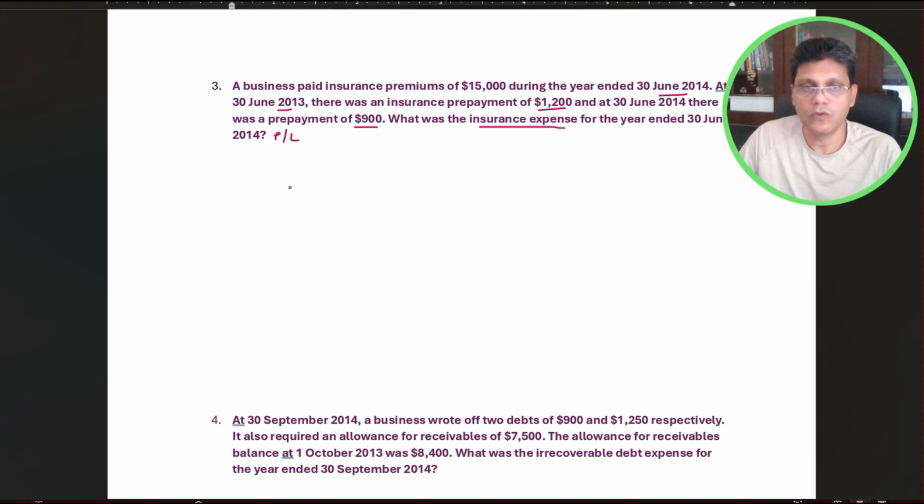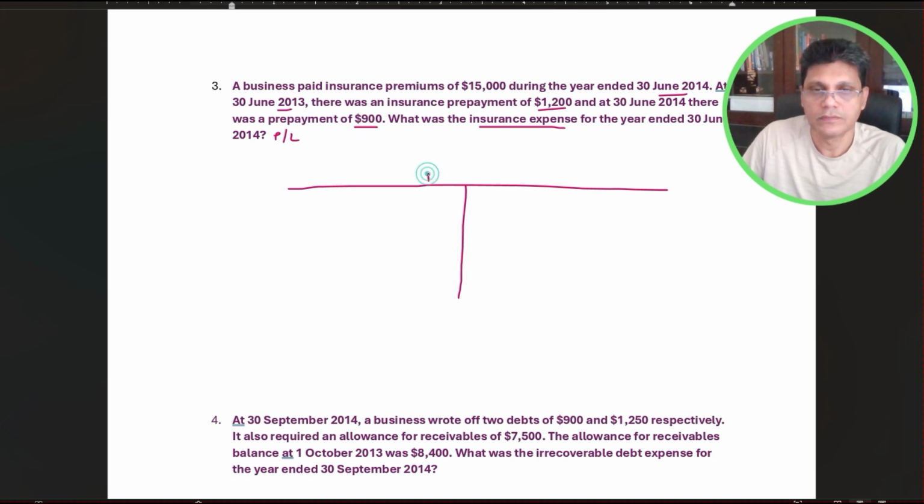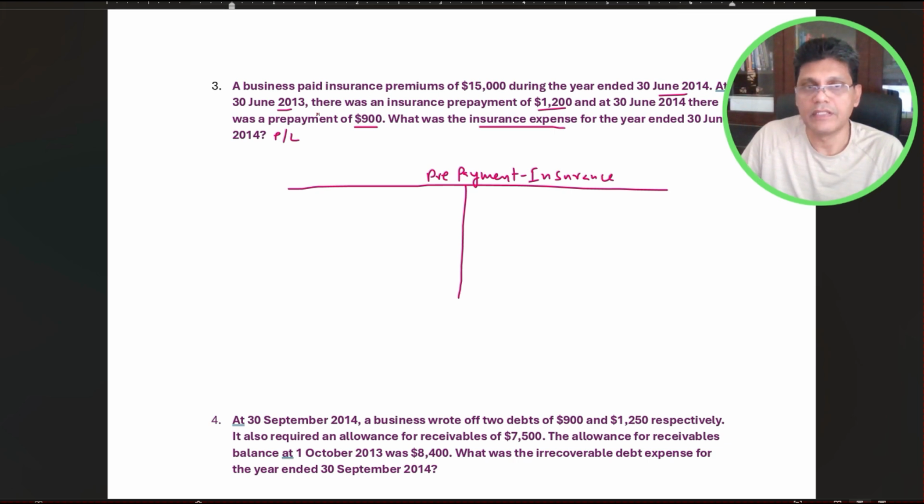So if you open up the prepayment account, this is the prepayment account, prepayment of insurance. So let's take the opening balance first. There was an insurance prepayment of 1,200 at the beginning. So therefore, your balance brought forward was 1,200.